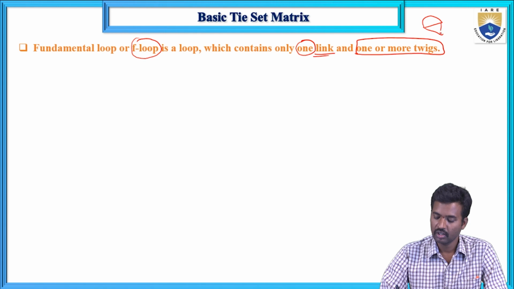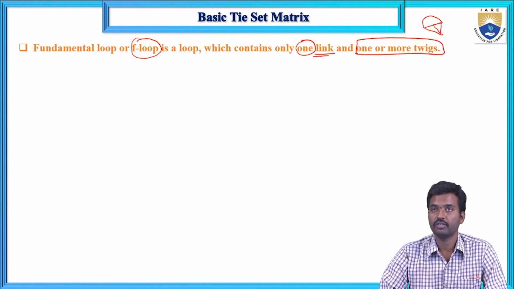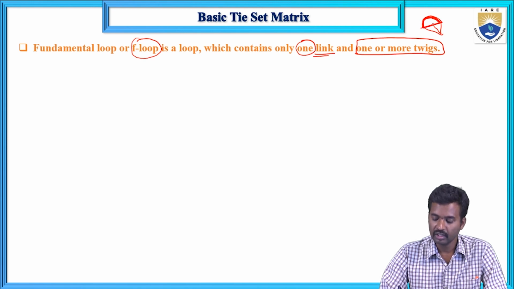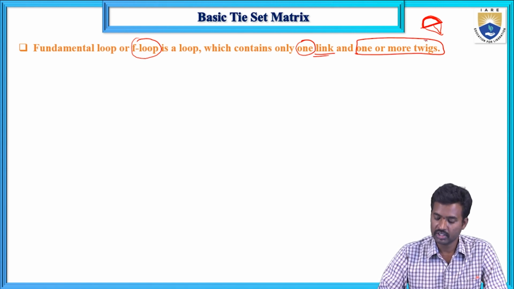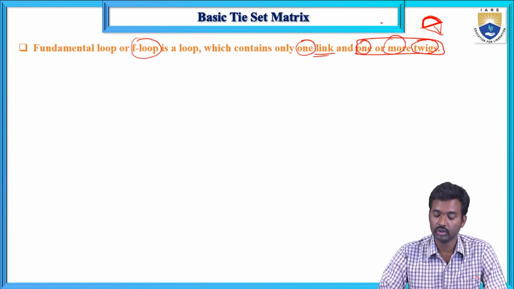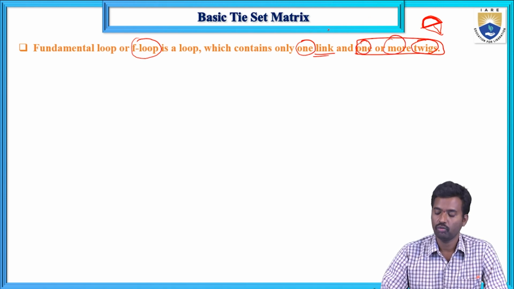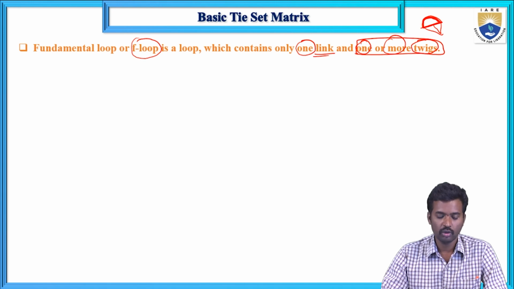Suppose this is the graph, and this is the one loop. In this, there is one link, and the remaining branches are twigs. The twigs may be one or more, 1, 2, 3, and the link should be 1. So that is the loop.